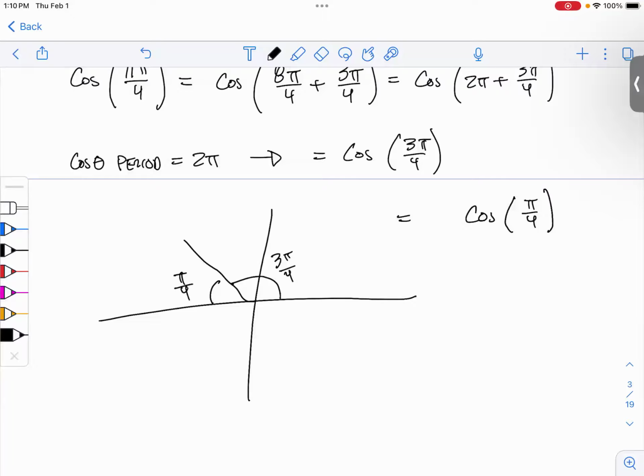Cosine corresponds to x. Is x positive or negative in quadrant 2? Negative. X is negative, right? That's an algebra fact. And then we look up cosine of pi over 4, which is our 1 over root 2. So, just making a reference.